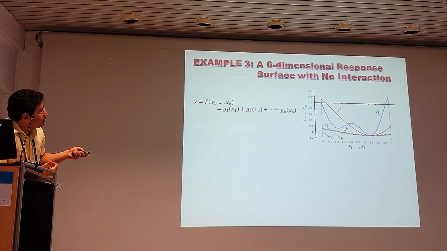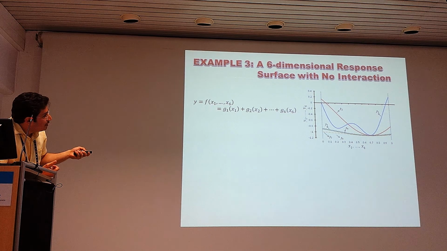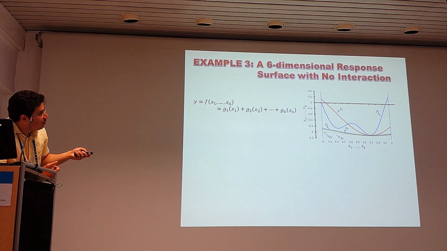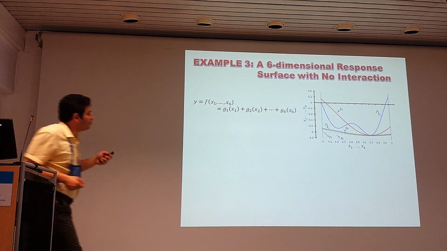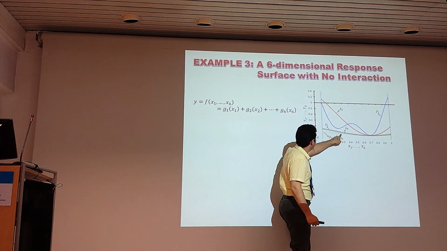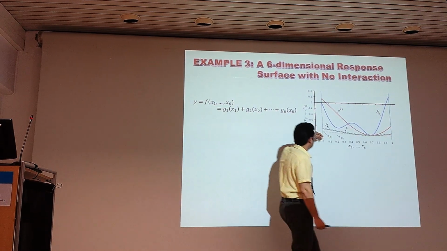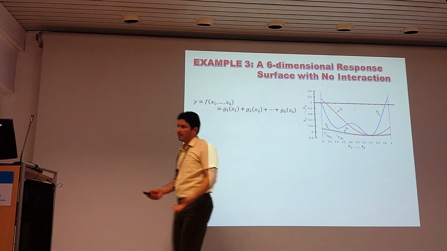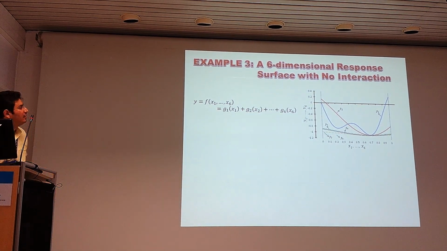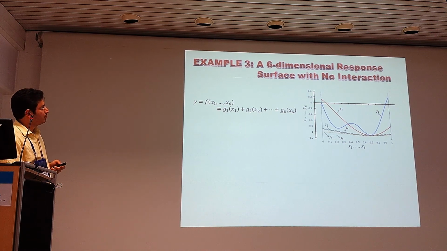Not sure how much this is visible from the back, but y4 is a smooth green line under this black line, and y3 has the same dominant mode with a lot of small scale fluctuations. So y5 is here, not very much visible, and y6 not at all visible, but it's a flat line. So y6 is fully insensitive. So your sensitivity analysis should tell you this. That doesn't have any impact on the model response.